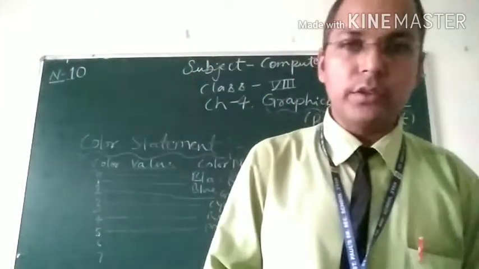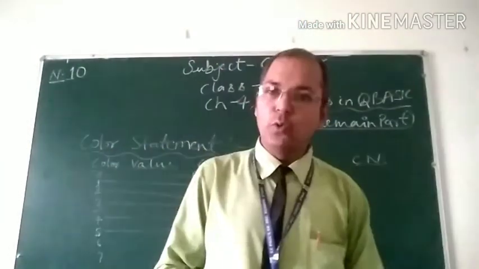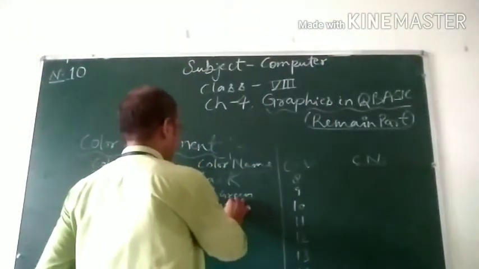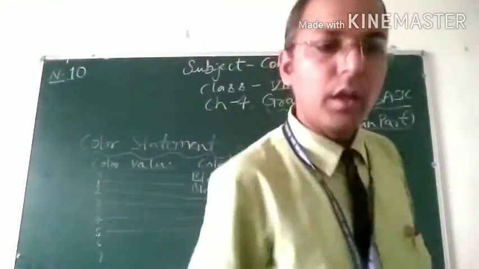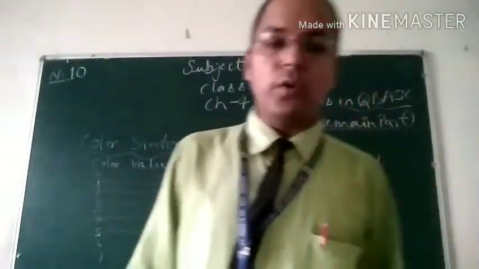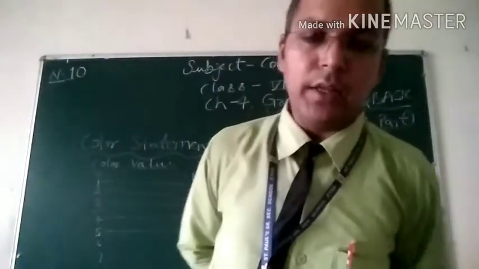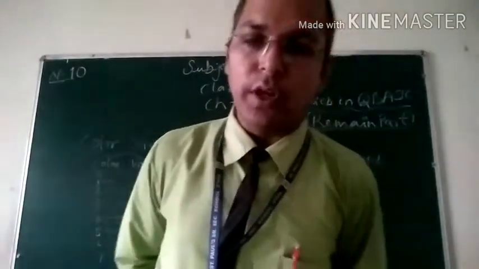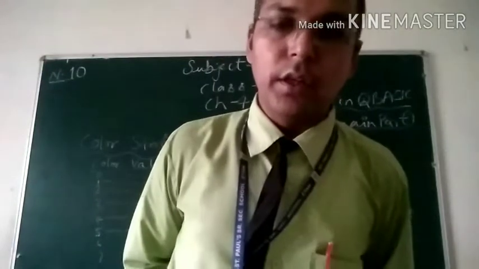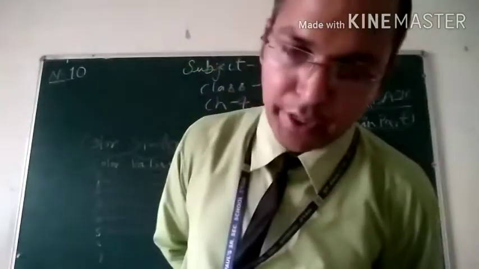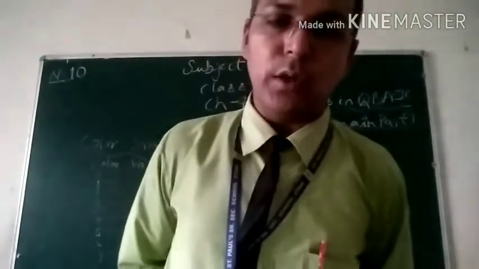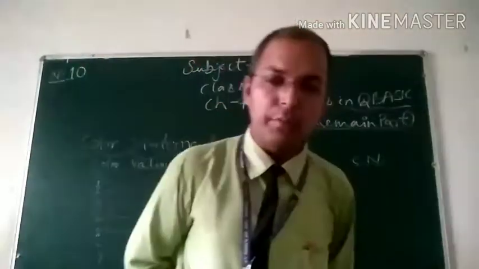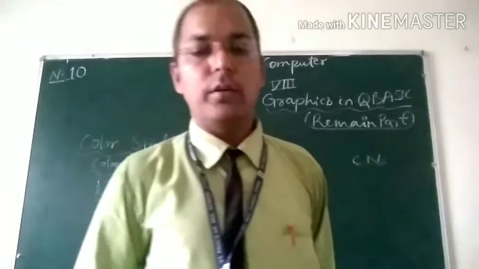So, my dear students, color 0 is black, 1 blue, 2 green, 3 cyan, 4 red, 5 magenta, 6 brown, 7 grey, 8 dark grey, 9 light blue, 10 light green, 11 light cyan, 12 light red, 13 light magenta, 14 light yellow, and 15 white.